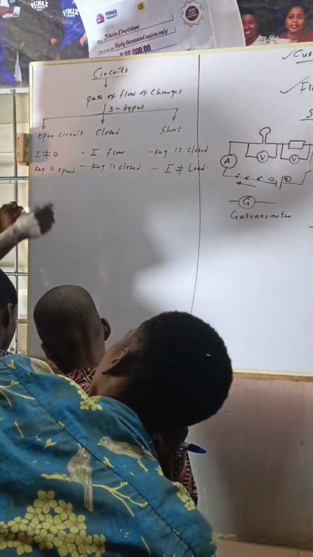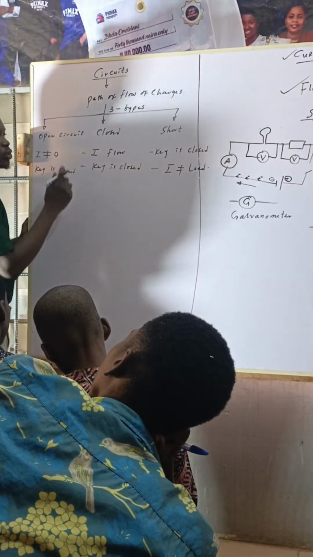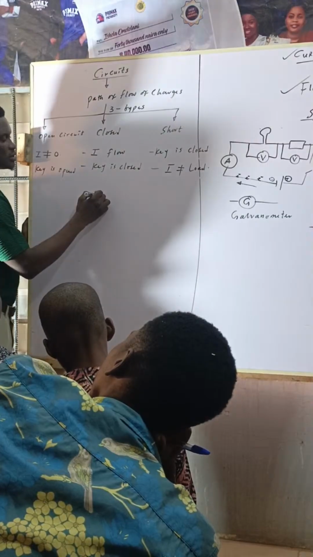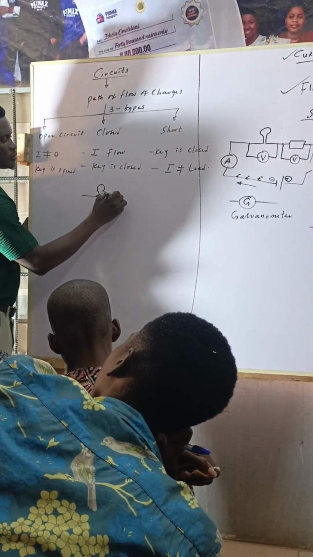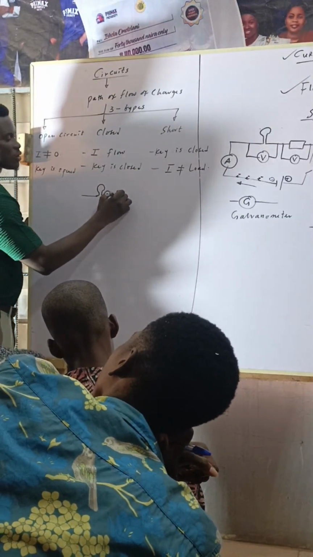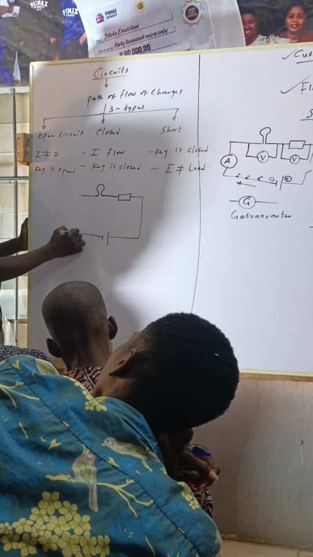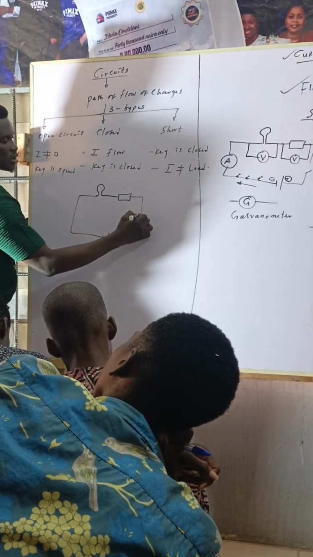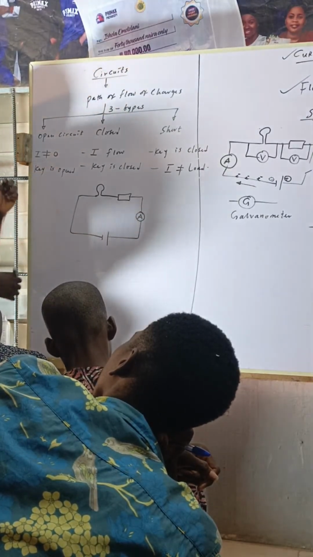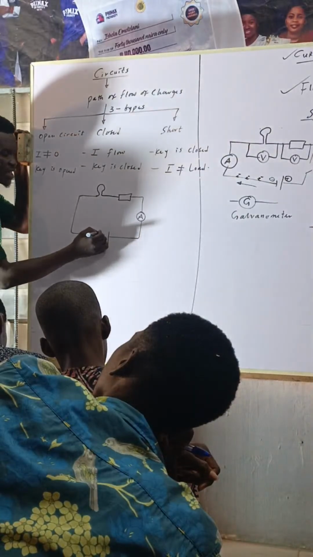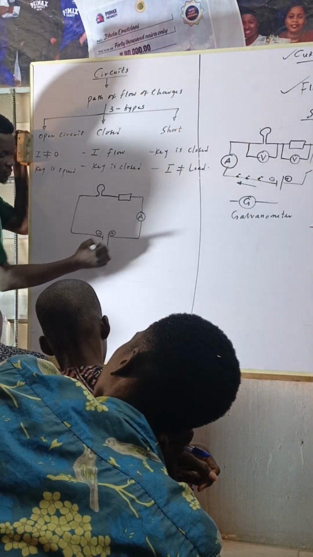So now, how do charges flow? If you have a circuit, let's draw a simple circuit. This is another question they can ask you. You already know what all of these represent, which I will talk about again. Now, this negative part, you need to know something.